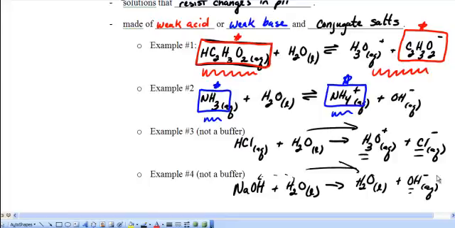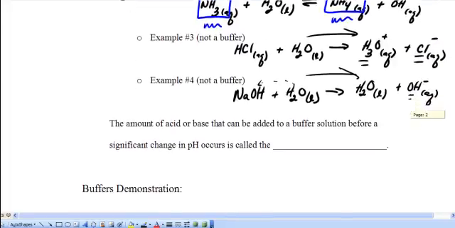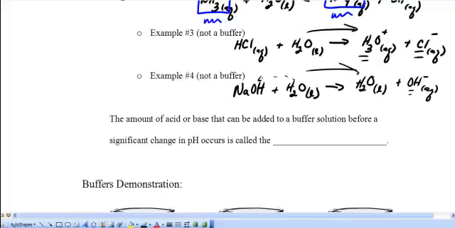Now, the amount of buffering that example number 1 and example number 2 can give you depends on how much of your weak acid and your conjugate salt that you're adding. And the amount of buffering that can occur is simply called the buffer capacity.